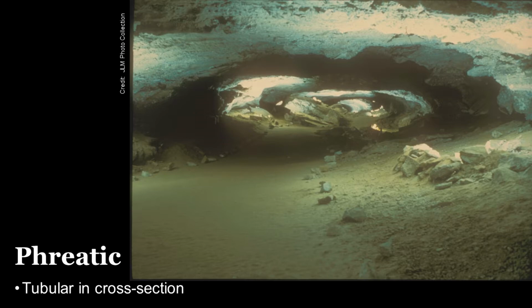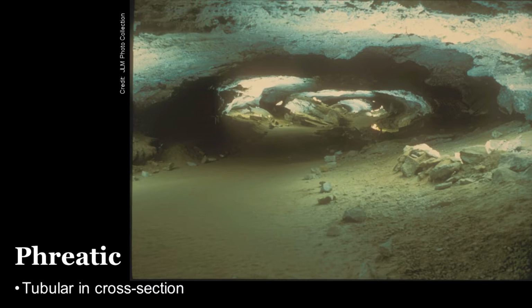Often these phreatic passages will meander back and forth, and they're a good indication of where the water table was when this cave formed. Now, of course, since somebody was standing there to take a picture in this passage, this phreatic passage is no longer below the water table.